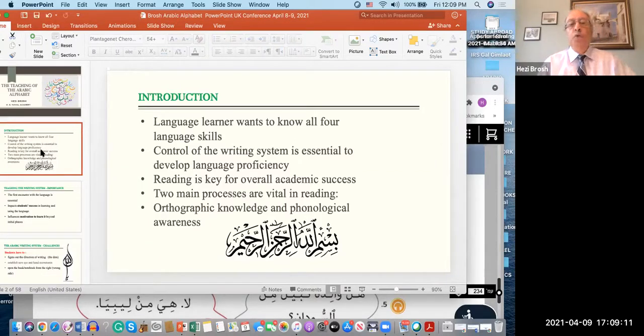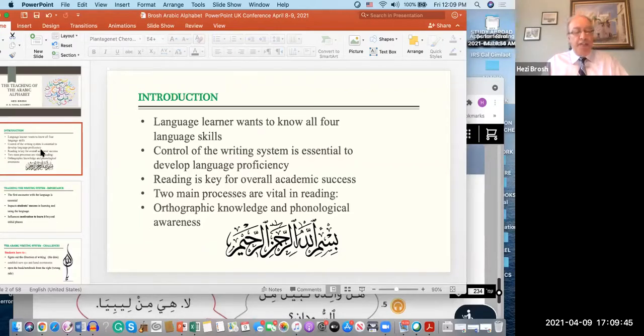Okay, so let me give you a short framework. In order to achieve all the big things that this conference spoke about, learning Arabic, we need a strong writing system. Students must have strong knowledge of how to write the letters and how to execute and identify the sounds. So basically, I'm talking about two things: orthographic knowledge and phonological awareness.